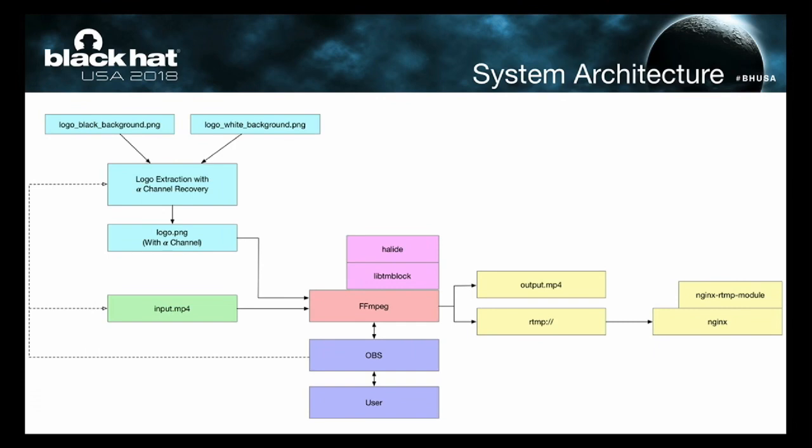After that, we write an FFmpeg filter with Halide support. And we input those 2 files to FFmpeg. Then it handles all the real-time scheduling and handles the video streaming protocol, RTMP.